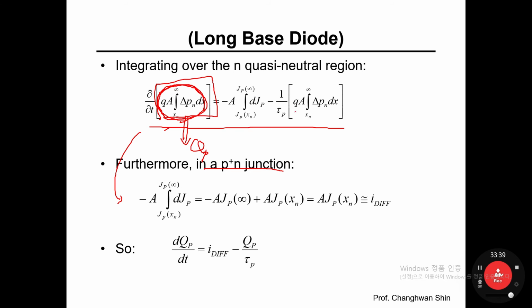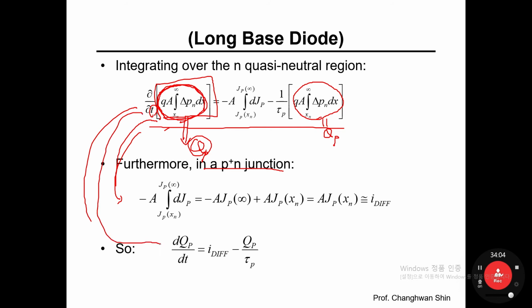The same term can be found on the right hand side, which is identical to Qp. Once you take a derivative of Qp with respect to time, that term can be found here.